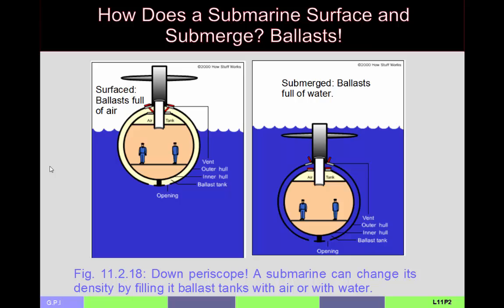So that's how submarines are able to surface or submerge. And of course, it can get a little more complicated because you can hit, for example, a pocket of fresh water in which the density is lower than the salt water. So you might be floating along neutrally buoyant with the salt water, and then you hit this pocket of fresh water and all of a sudden the submarine starts sinking.